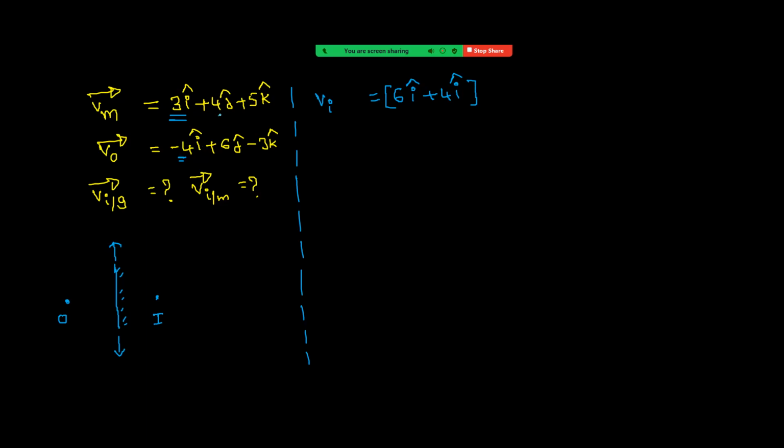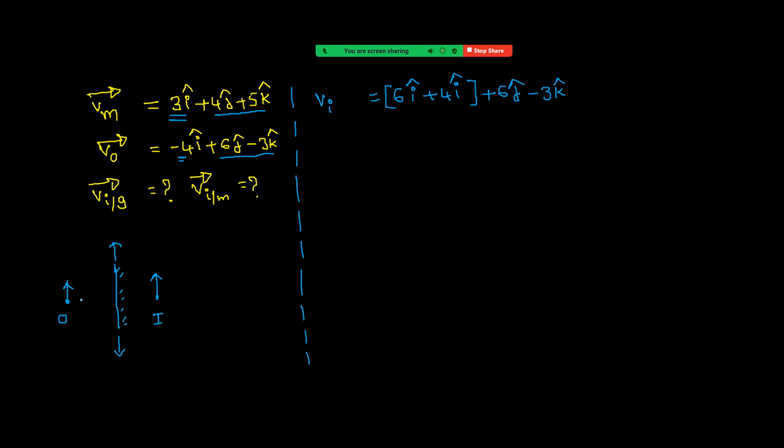Next, these two are not required. Now coming to the remaining two components. If the object moves parallel to the mirror, the image also moves with the same velocity. That means for the image, velocity along y-axis is 6j cap and this is minus 3k cap.